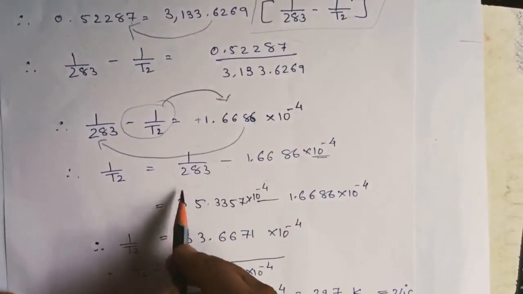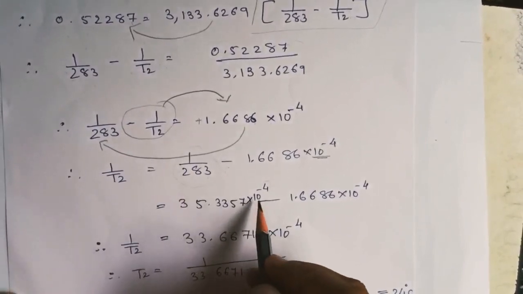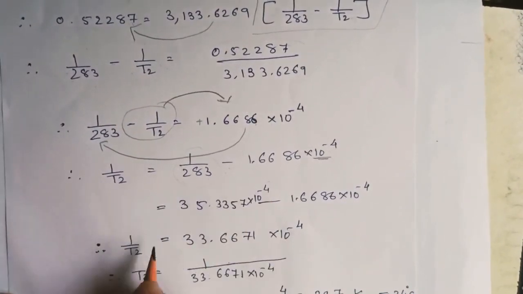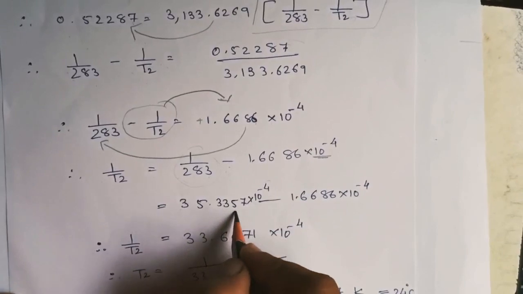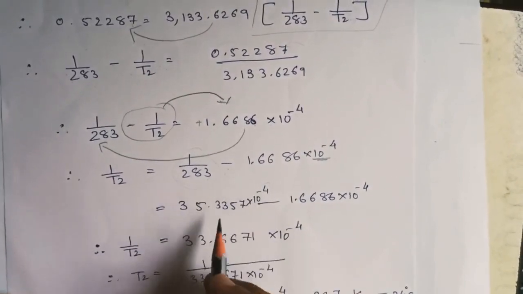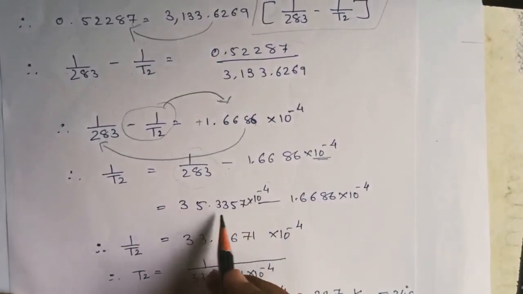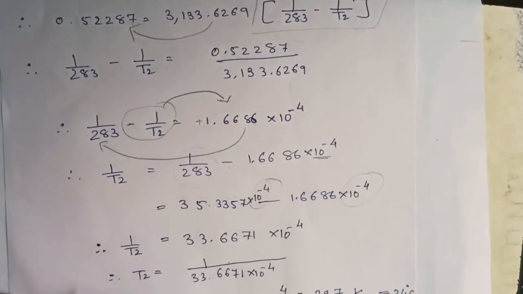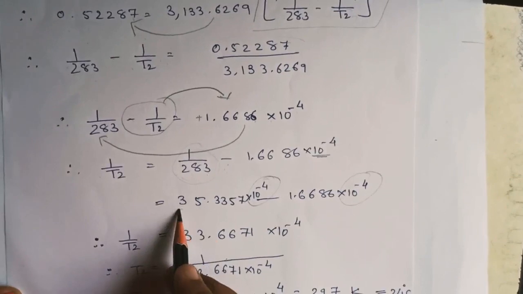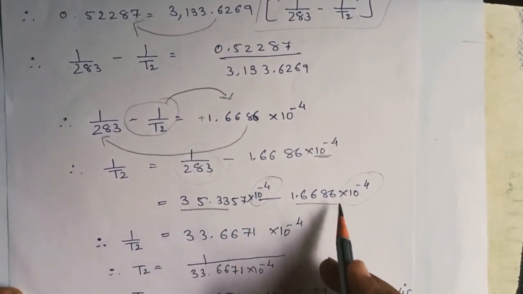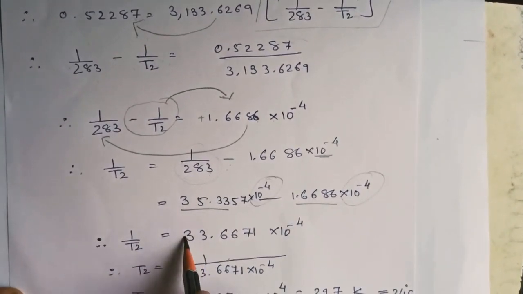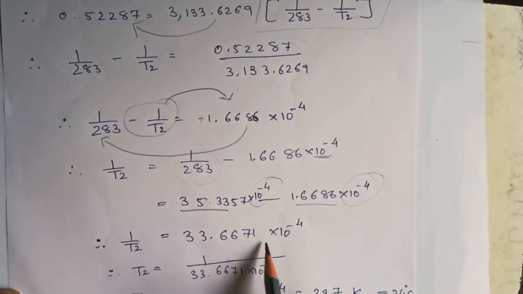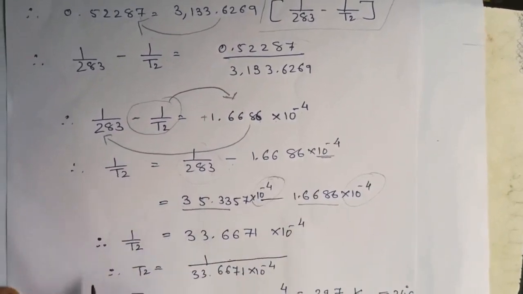The answer for this division with 10 to the power minus 4 is 35.3357 into 10 to the power minus 4. Now we can subtract the two terms because the power of 10 is the same, right? If we subtract both terms, we will get 33.6671 into 10 to the power minus 4, right?